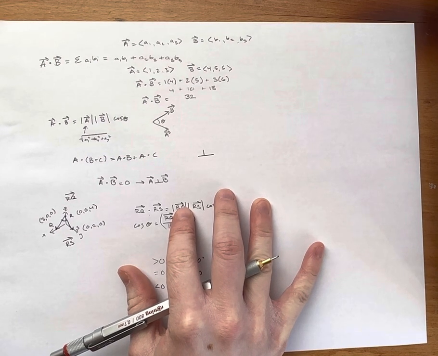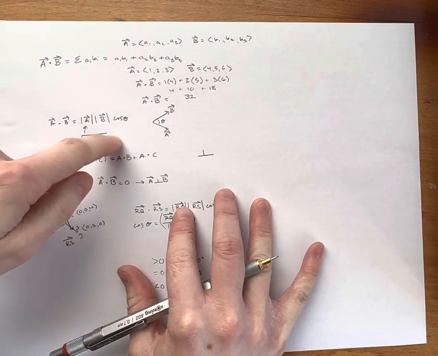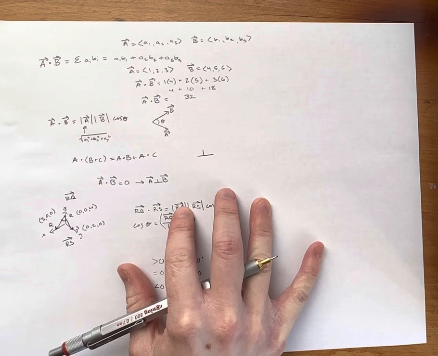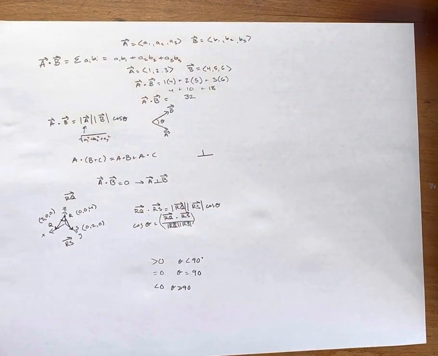So the only place that sign is coming from is the cosine, which means it's coming from the value of the angle. So yeah, that's kind of a rundown of dot product. There's other stuff that you can do with it, obviously.